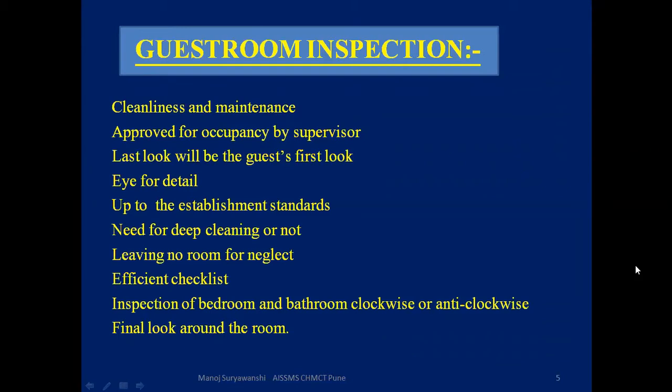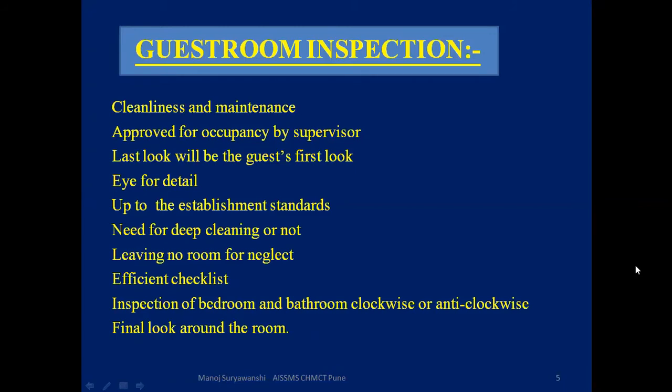Fourth point is eye for detail. Eye for detail means checking whether the various functions carried out by the guest room attendant are done in a proper way or not. If he or she has any mistakes or problems, then the supervisor has to explain again to the GRA so that he or she will not repeat the mistakes. If any corner is not clean, or the bed is not done properly, or any electronic gadget is not working properly, everything should be checked thoroughly and neatly.